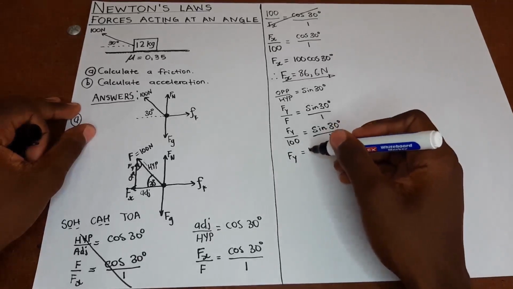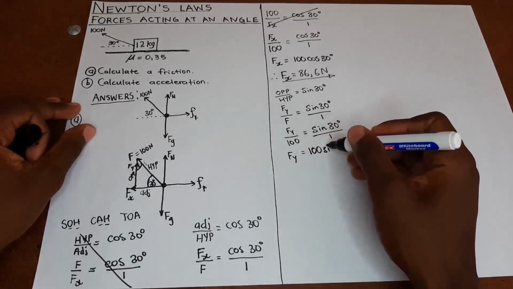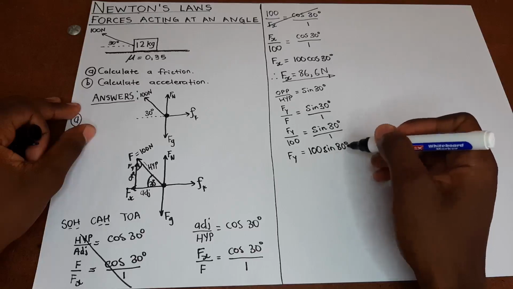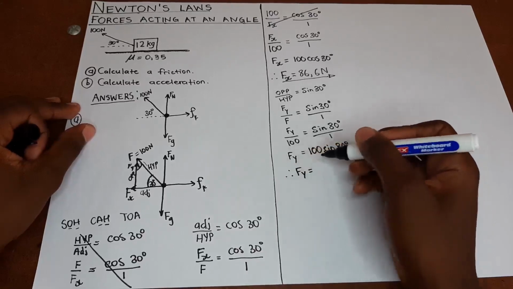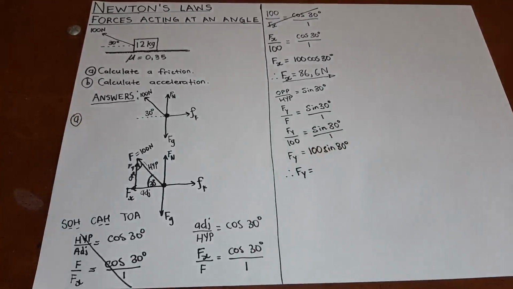Would you mind, please, guys, pressing on a calculator and looking for 100 sine 30 degrees. That gives us 50 newtons.